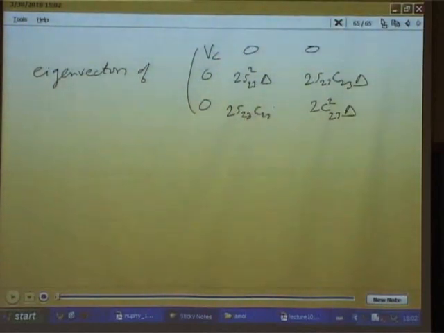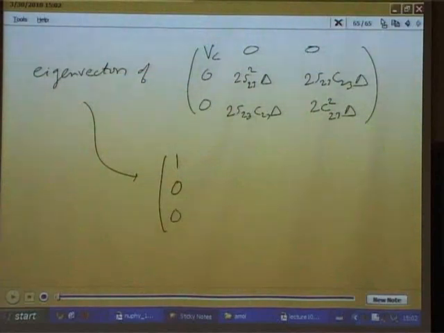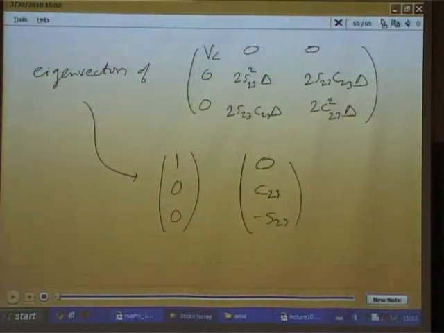So eigenvectors is basically one will be 1, 0, 0. The second one will look like 0, cos theta 2,3 and minus sin theta 2,3. And probably a different 0. But this is just a simple rotation.